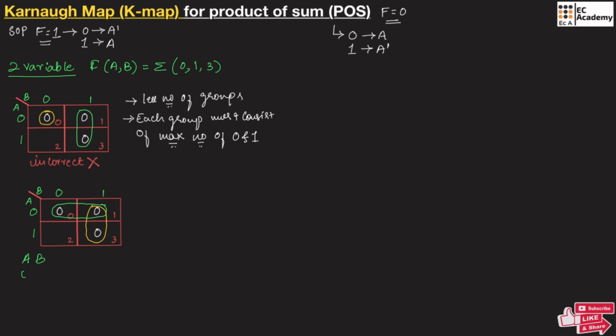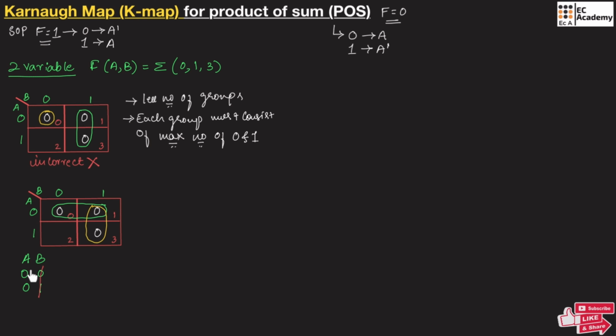So we can write 0, 0 and 0, 1. We need to cancel out the variable with different values. We have 0 and 1 for B, so we cancel out B. Now we are left with A with the value 0. In product of sum, as I told you, if we have 0, we take the variable as it is. So we will take the variable A.